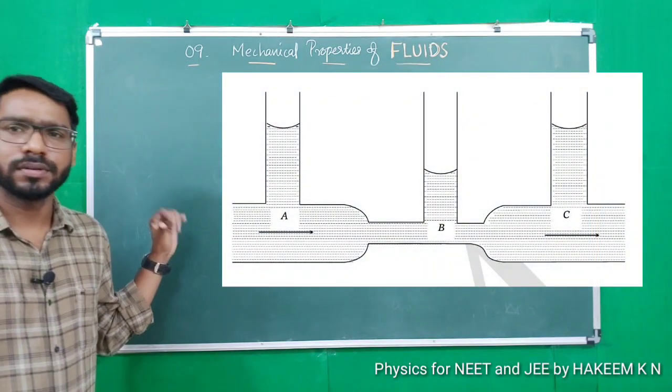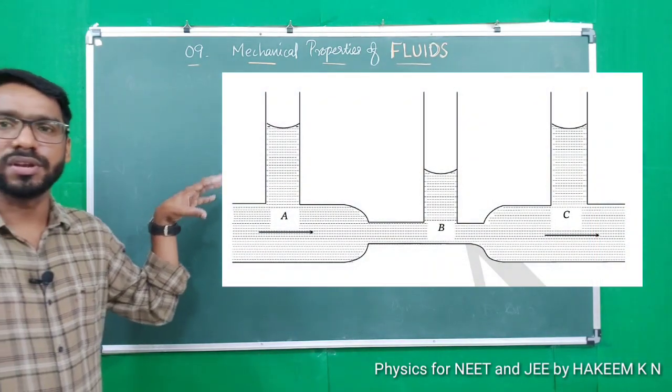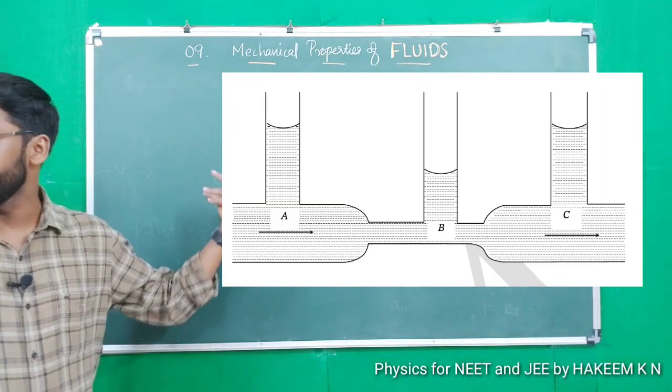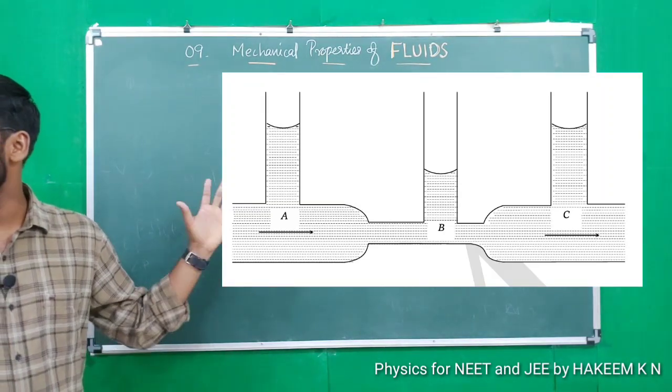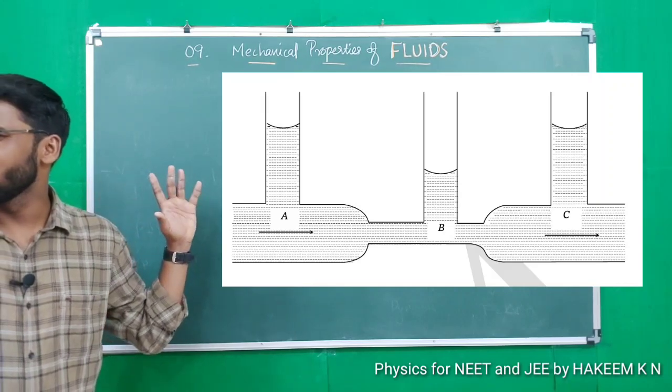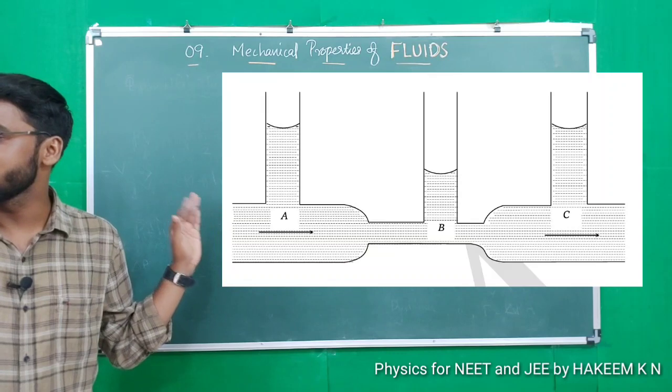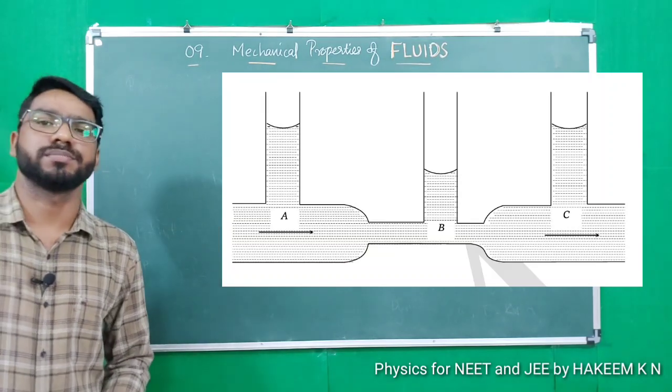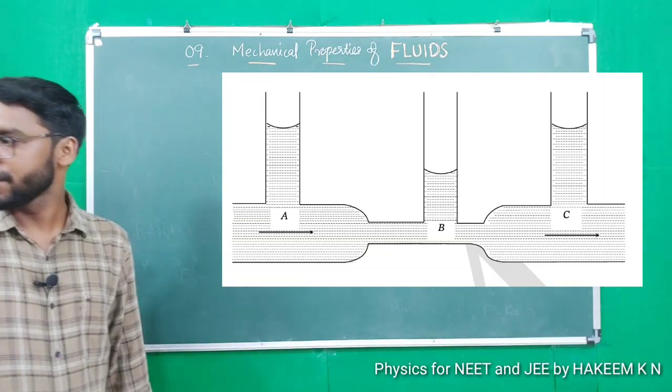A pipe whose cross section is decreased at the middle, B. A, B, C are the positions. At which position is pressure maximum and at which position is pressure minimum?